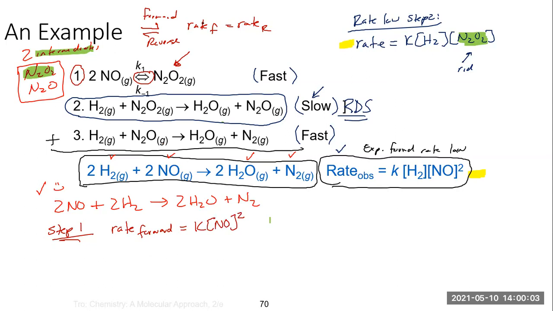We could also write a rate law for the reverse reaction. In the reverse reaction, we would be heading in this direction for step number 1, which means our products become our reactants and our reactants become our products. And if we write the rate law for the reverse direction, it would be K times N2O2. First off, any questions on that move right there?